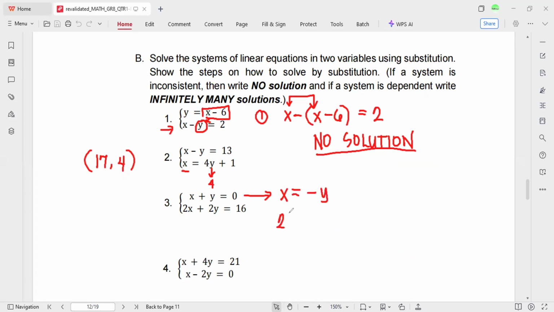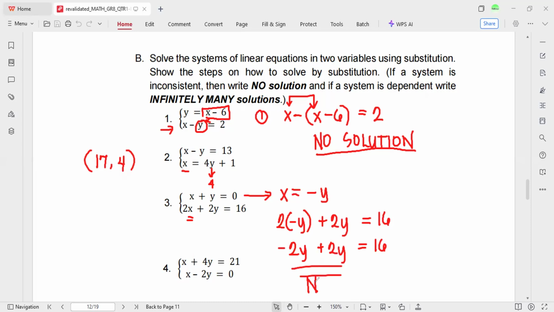So we got 2x, where x here will be negative y, plus 2y equals 16. So we get negative 2y plus 2y equals 16. So again, we will not have any variables. So we get no solution for number 3.